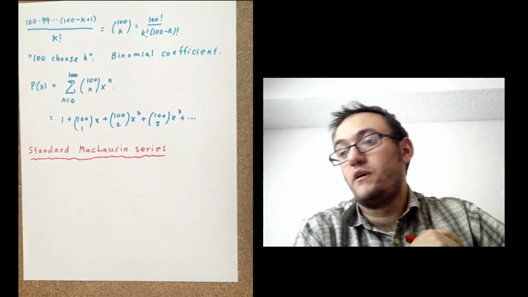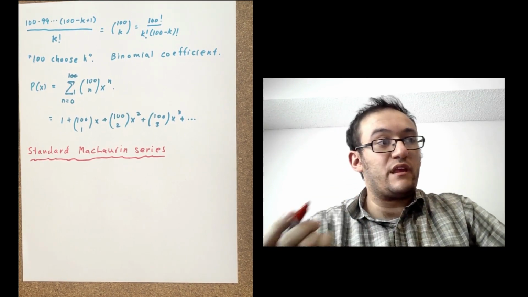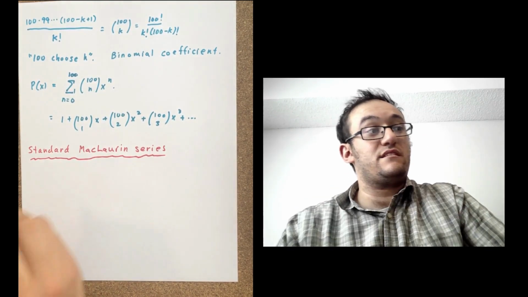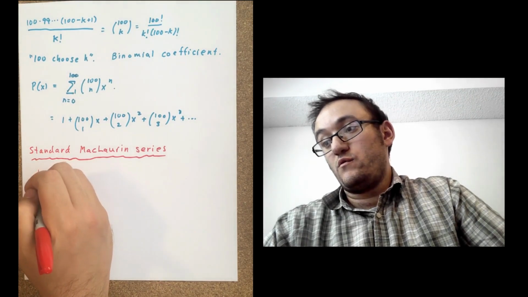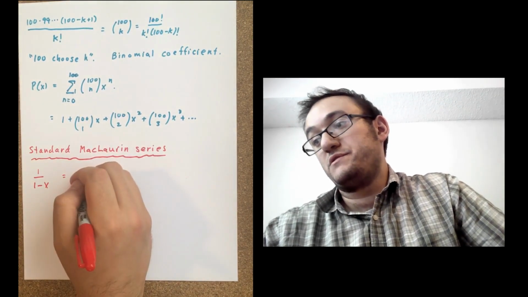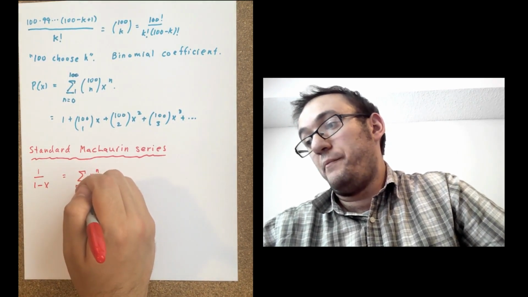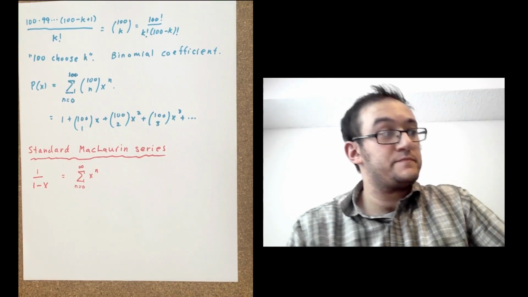The first one that we worked on in the last lesson was 1 over 1 minus x, and this is equal to the sum of x to the n, as you know.